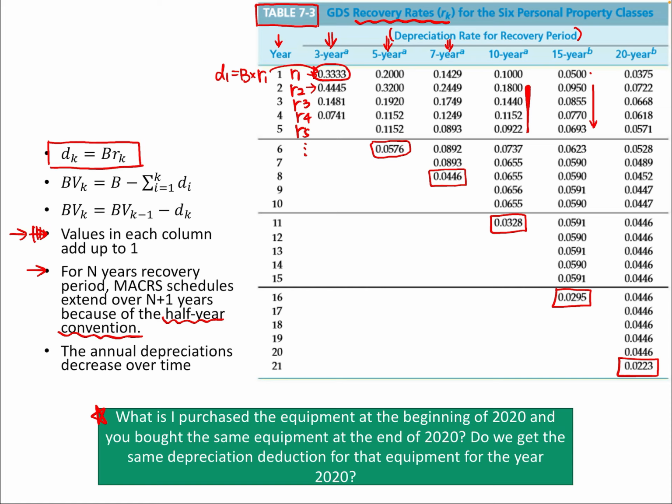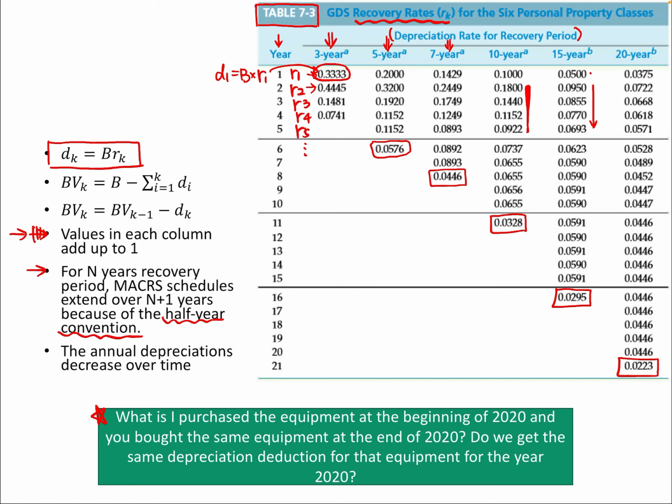So the IRS, in order to make every case even, said, okay, everybody, you just depreciate the equipment from the middle of the year. No matter if you purchase it at the beginning, in the end, right in the middle, or any time of that year, everybody will depreciate only half year value of that equipment. It sounds fair, okay?